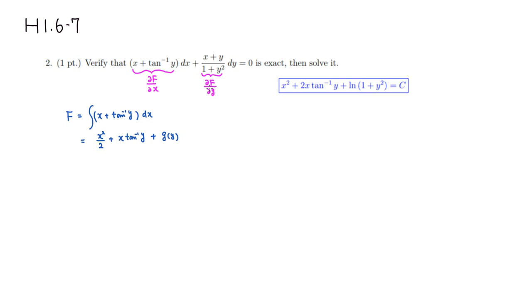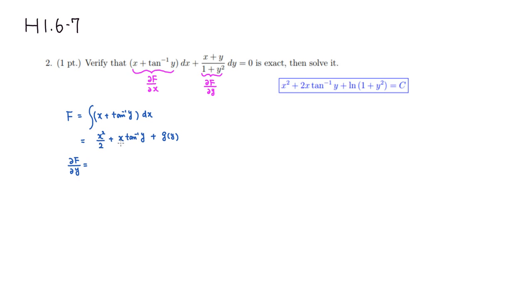Then you're going to use the second condition. We know that the partial of capital F with respect to y has to be (x plus y) over (1 plus y squared). All right, so let's take the partial. Partial of x squared over 2 is going to be 0 because there's no y in it.